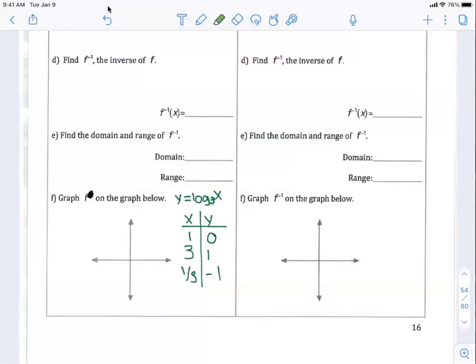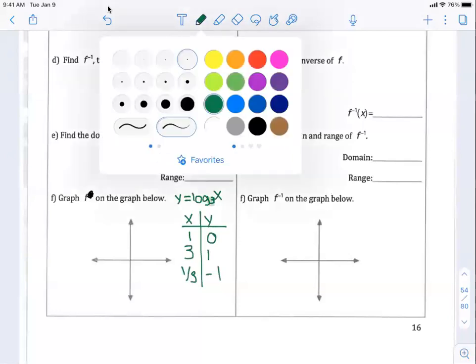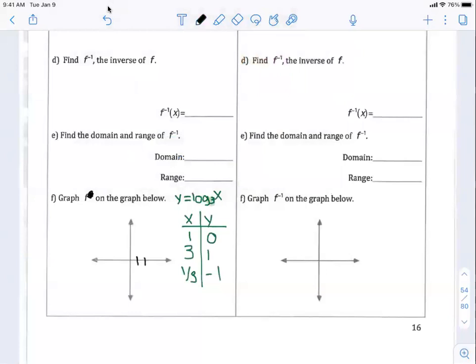So again, a is this base right here. And I'm going to go ahead and make 4 dashes. We're going to go ahead and graph this. These graphs are really small. That's why we're just going to graph the original function. We're not going to worry about graphing the inverse.